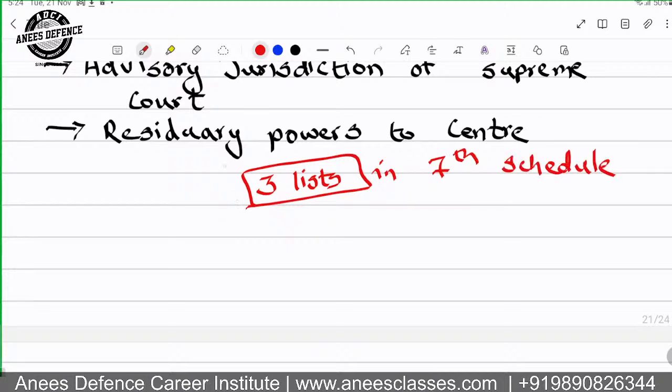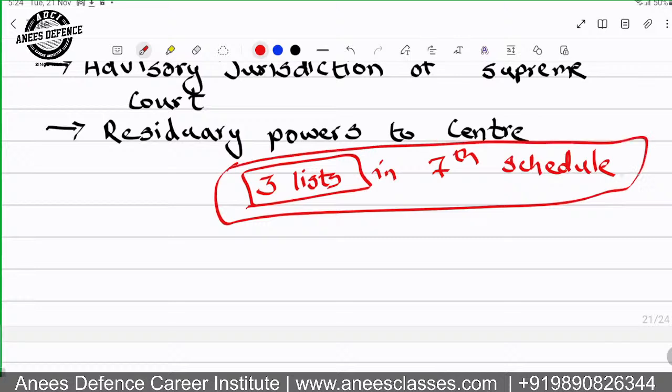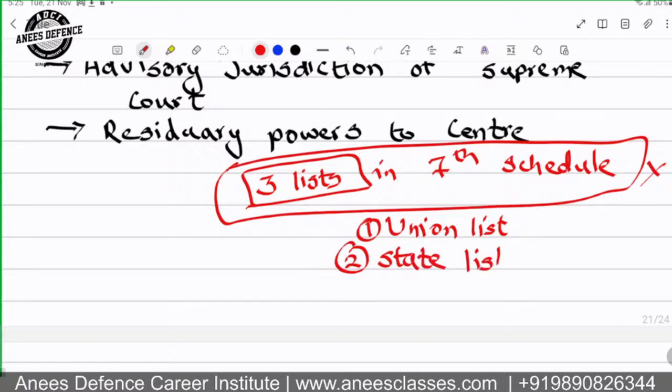The matters which are not included in any of these lists are residuary. These three lists are federal or central or union list. We'll only write union list, then state list, then concurrent list.